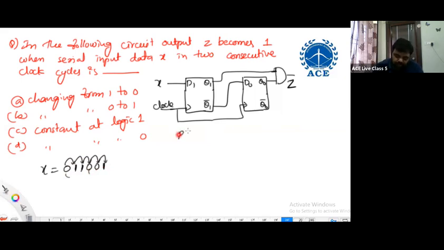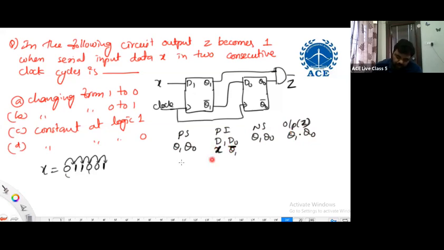Present state Q1, Q0. Present inputs D1, D0. Next state Q1, Q0. Output Z is Q1 and Q0. What is D1 connected to? X. What is D0 connected to? Q1 bar.